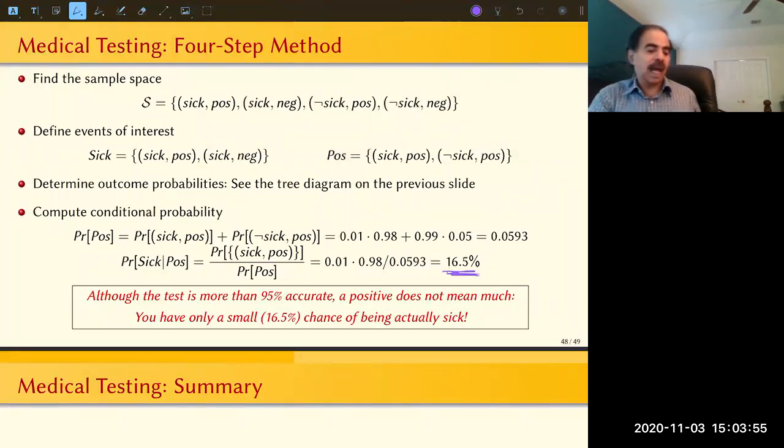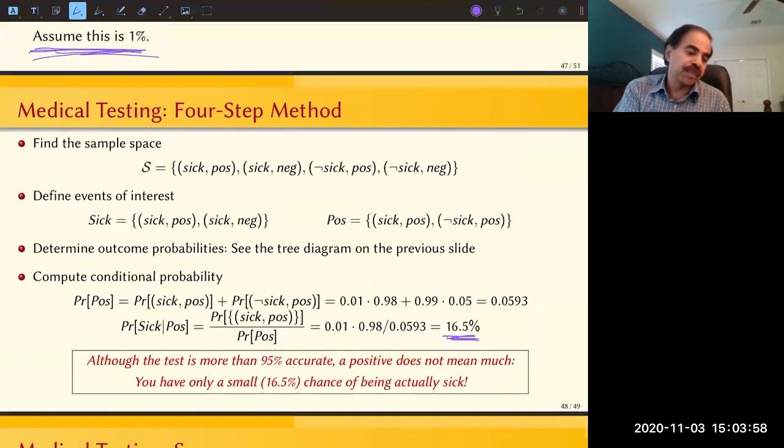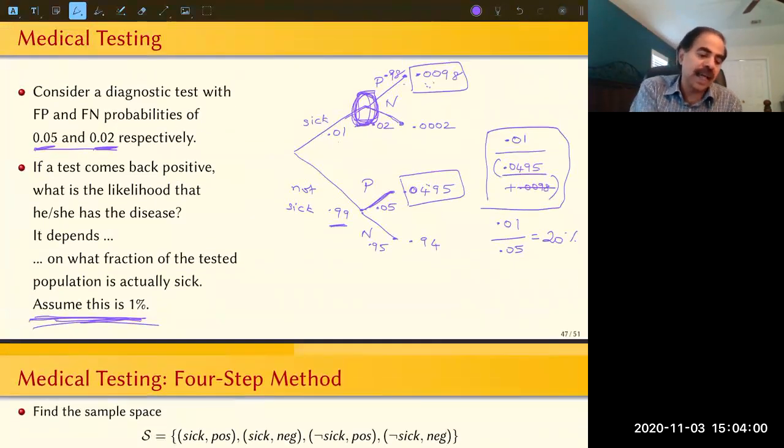This happens because you have two things going on here. One is that you have a very rare condition, so the sickness itself is very rare. In fact, the sickness is more rare than the rate of errors in the test. The test has an error rate between 2% and 5%, whereas the rate of sickness is only 1%, right?